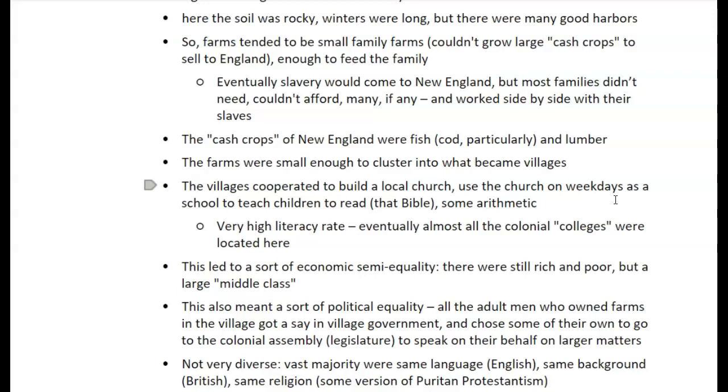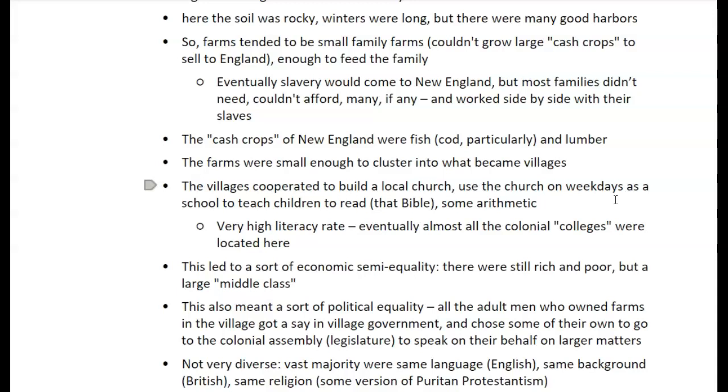The number of people in New England who could read and write was probably about double what it was back home in England itself. We think the literacy rate in New England was ballpark 70%, which was enormous compared to back home in England. Eventually, almost all the colonial colleges, Harvard, Yale, Dartmouth, Princeton, the Ivy League schools were all up in the Northeast.